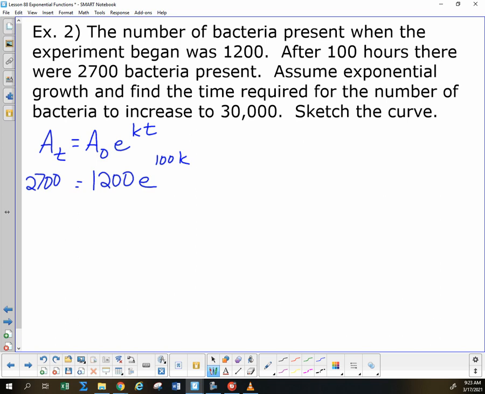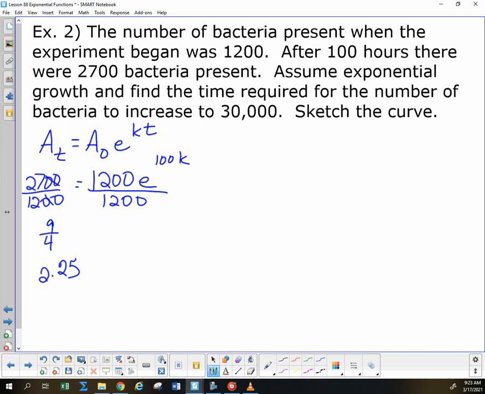So we need to isolate e to the kt, divide both sides by 1,200. And let's see, 27 over 12, those are both divisible by 3, so 9/4. Or if you're a decimal person, 2.25, if I did that right.